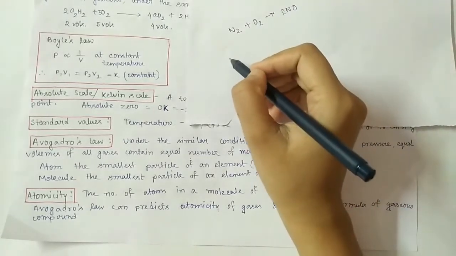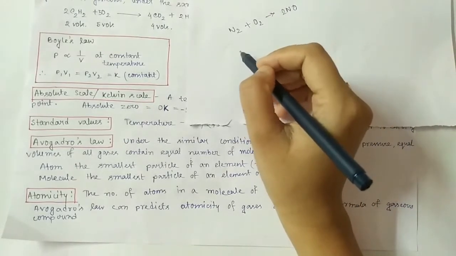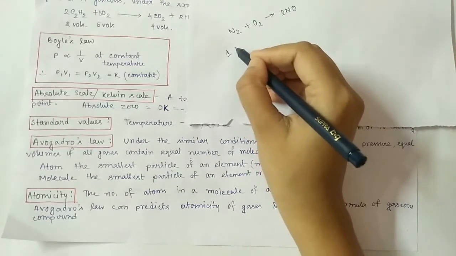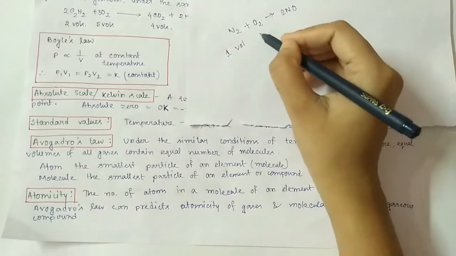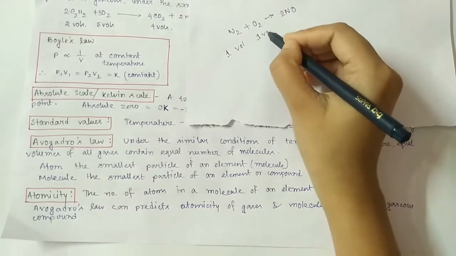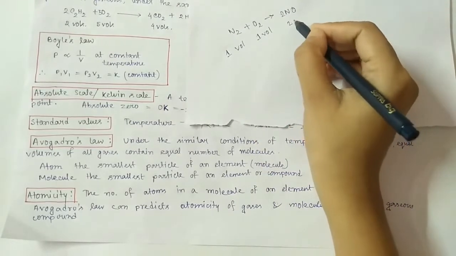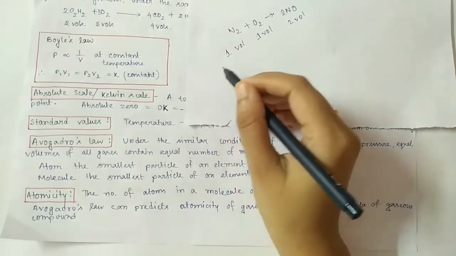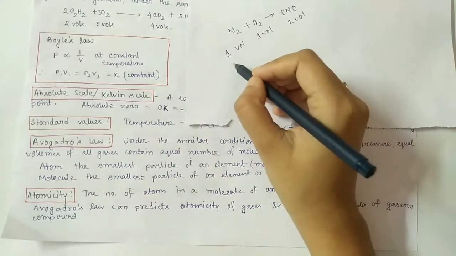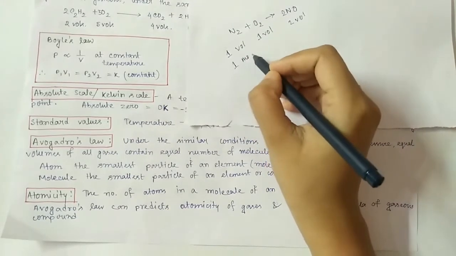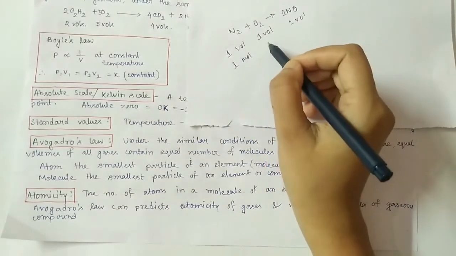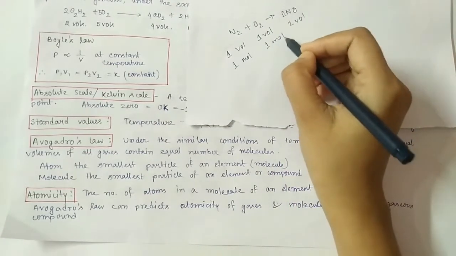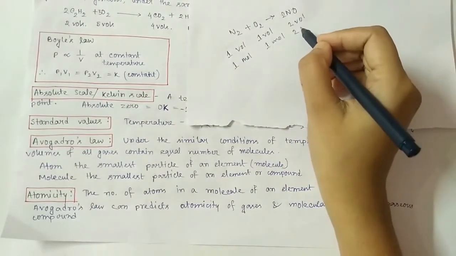Here, according to Gay-Lussac's law of combining volumes, one volume of nitrogen gas reacts with one volume of oxygen gas and thus produces 2 volumes of nitric oxide. And from Avogadro's law, one molecule of nitrogen gas combines with one molecule of oxygen and thus produces 2 molecules of nitric oxide.